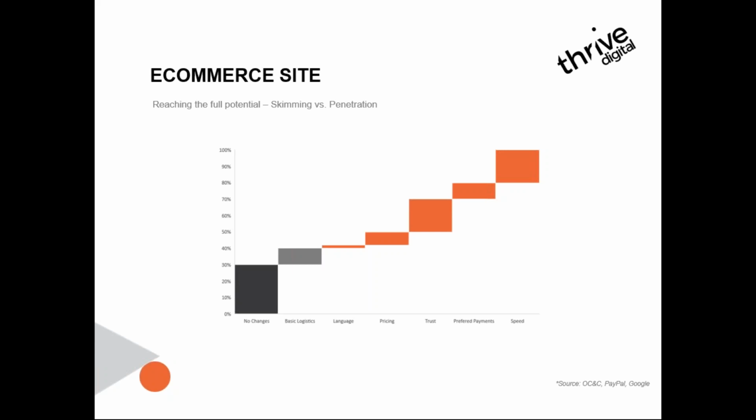These first 2 grey segments, no changes in basic logistics, account for 40% of market potential. There's then a series of other things for you to achieve the full market potential. But if you look at preferred payments, that accounts for about 10% of market potential. That's quite a lot, especially if you're trading a lot in that country already. By putting the preferred methods of payments in, you can increase your sales by 10%.